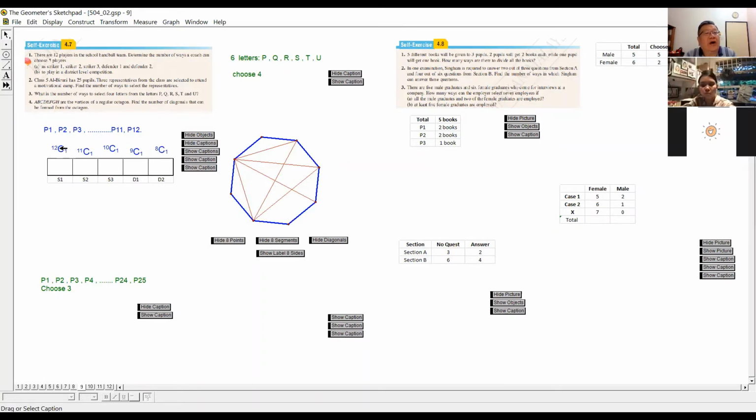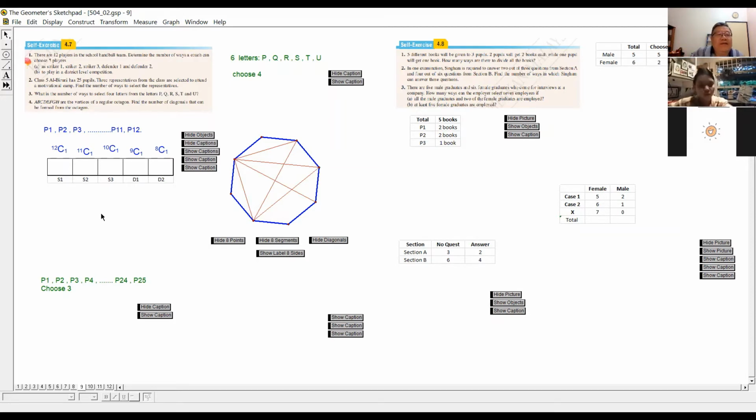So I say 12 choose one, and this is for striker one. Next, if I've chosen one for striker one, how many players are left to choose from? You already chose one of them, so I only have 11 left. Out of these 11, I choose one to become the striker two. Then two players are used up, so only 10 left. So 10 choose one, 9 choose one, 8 choose one, like that.